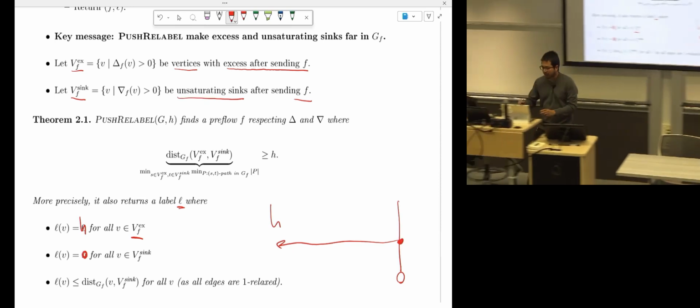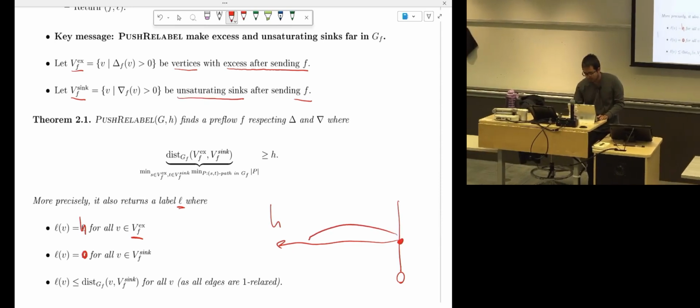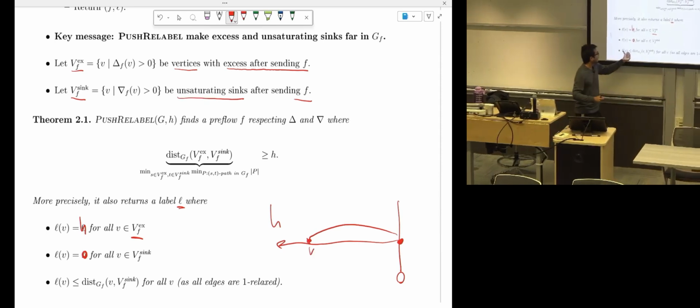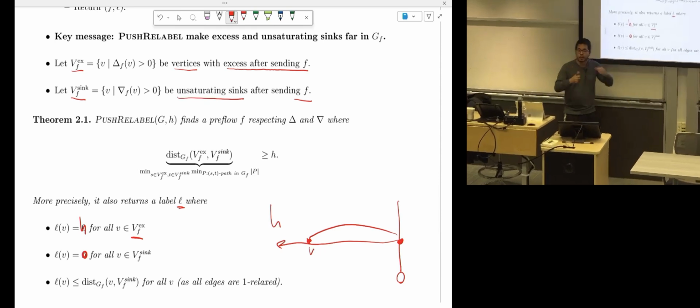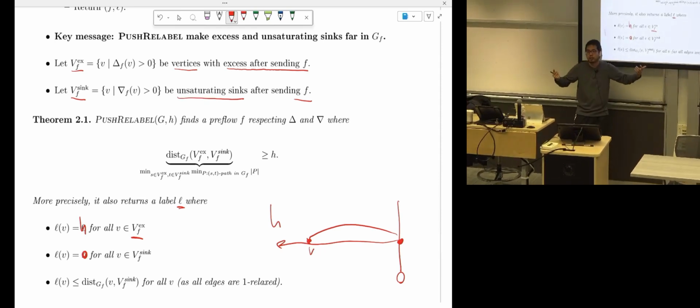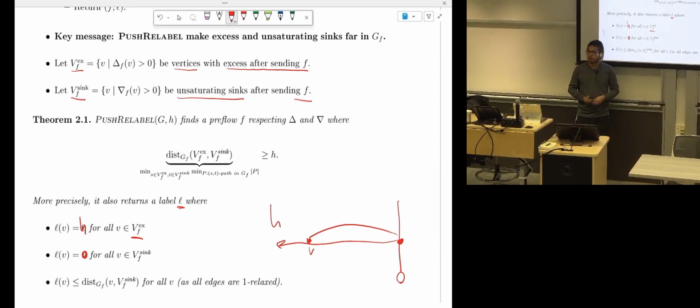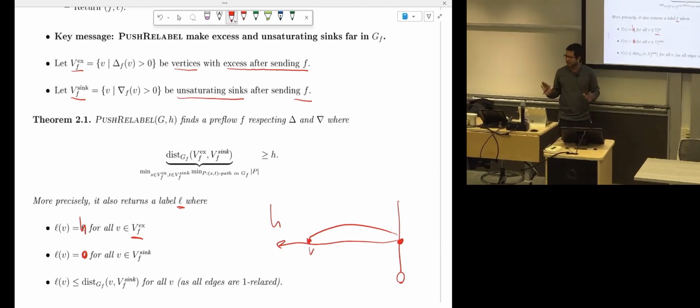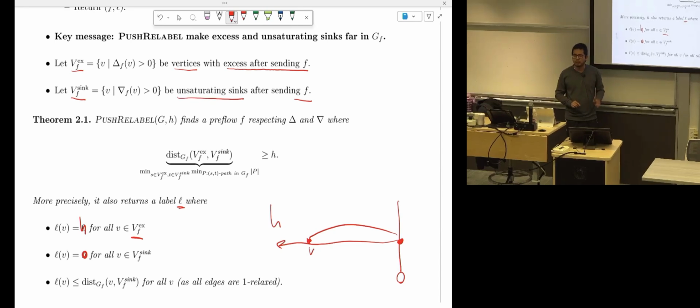If this is the shortest path, then the level of V cannot exceed the length of this shortest path. Otherwise, the shortest path would be stretched. So I want you to really see this intuitively. Is this intuitive to you? Any questions about this?